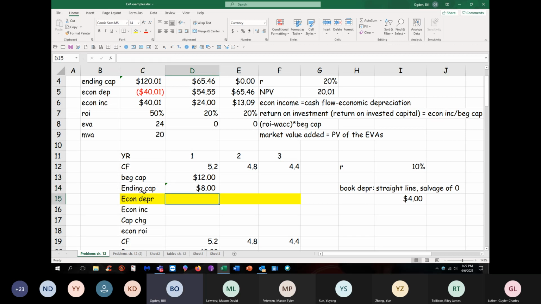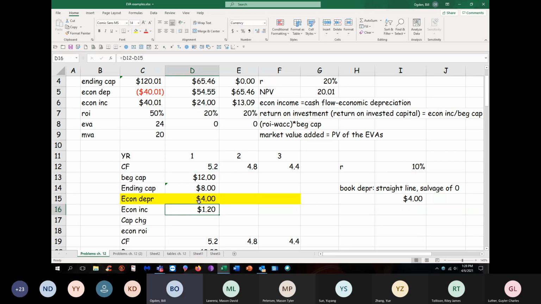All right, and then our economic depreciation, we'll take our beginning cap and subtract our ending cap, and we get $4. The economic income, just like we did before, we'll take the cash flow and subtract the economic depreciation: $1.20.